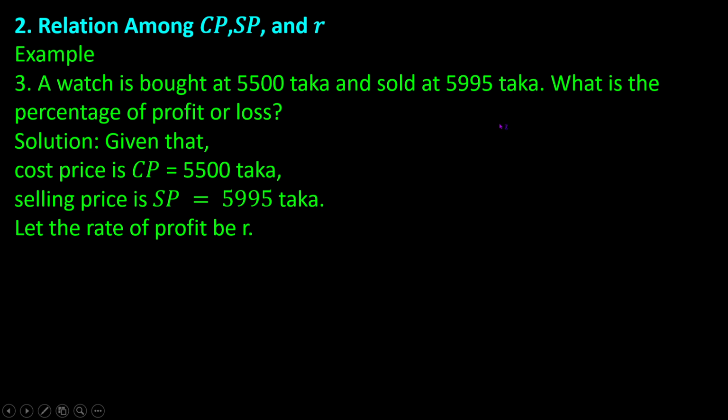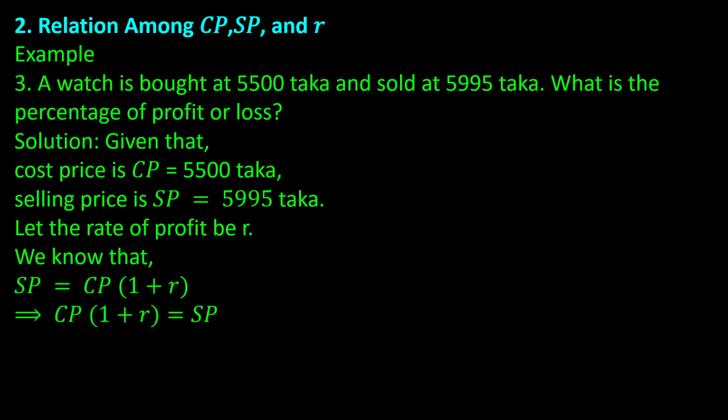Here it will be the rate of profit, because the selling price is more than the cost price, which is why we'll get a profit. Since we get a profit, we consider the rate of profit R, and the relation among CP, SP and R is SP equals CP times (1 plus R).